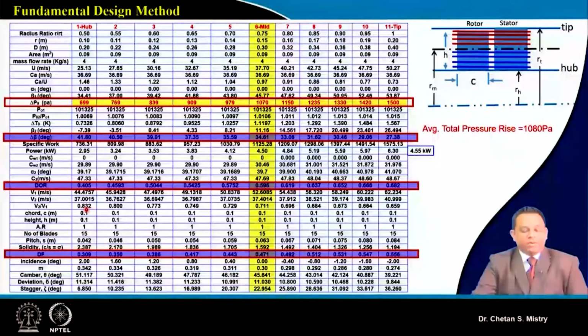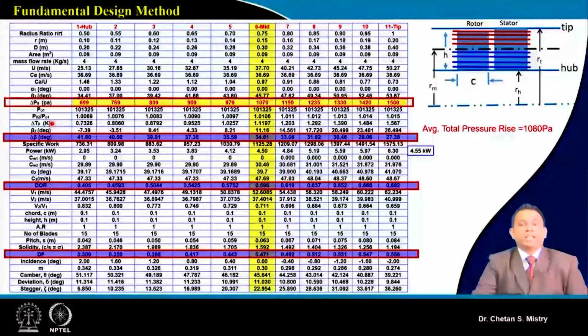At the same time our de Haller's number is varying from 0.83 to 0.65. So near the tip region this de Haller's number is slightly on the lower side, but that is accepted. It is preferred that this number be slightly higher, but by doing that maybe you need to play with the other numbers and keep an eye on them.